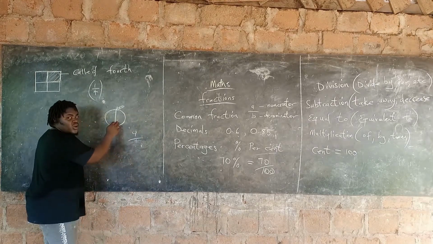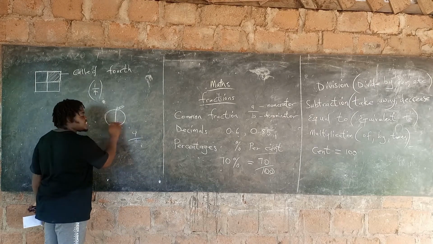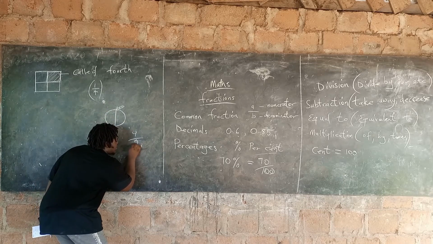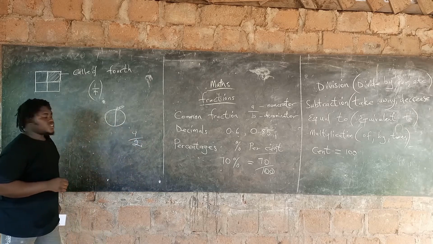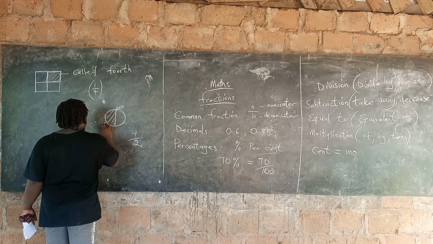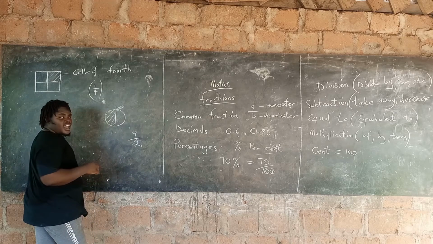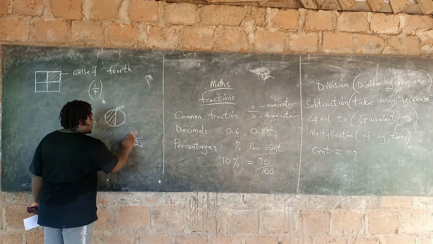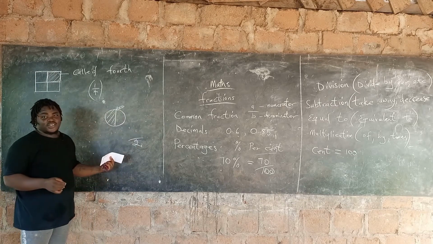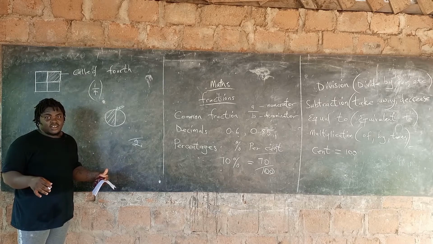Looking at the orange, it is a whole object, and it has been divided into 2 equal parts. So it means that the denominator is 2. And then I'm giving you 1. This is saying that we are dealing with 1.